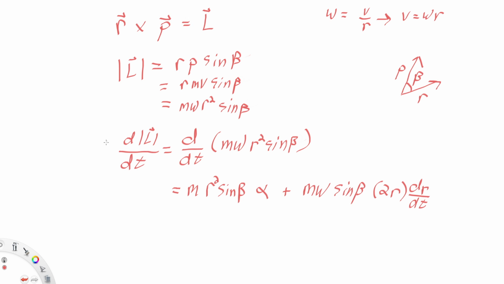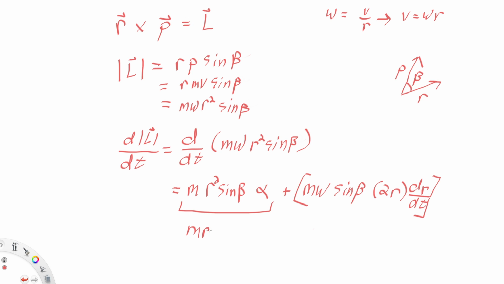All right. For the moment, let's ignore this second term. Or let's say that the radius is not changing. If the radius is not changing, then what does this term actually look like?